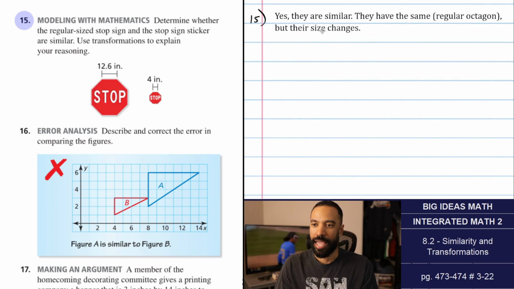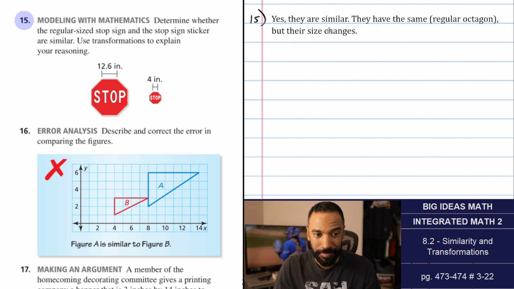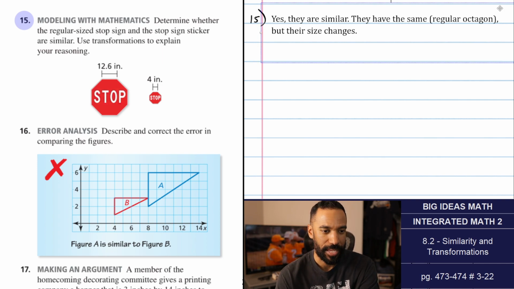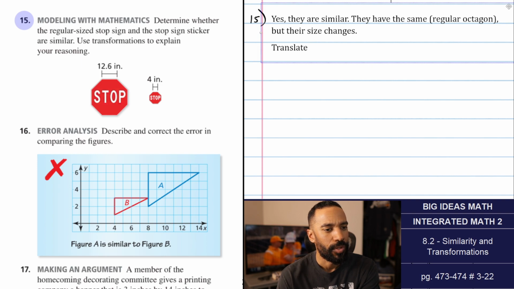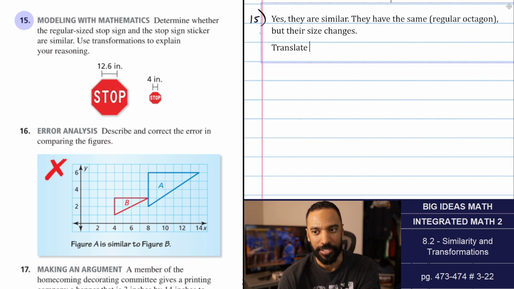Okay. Now, as far as transformations go, you can translate this thing. Okay, I guess I do still have to describe it. Well, they say regular size stop sign. I thought they said regular polygon, but they're both regular octagons. That's what a stop sign is.